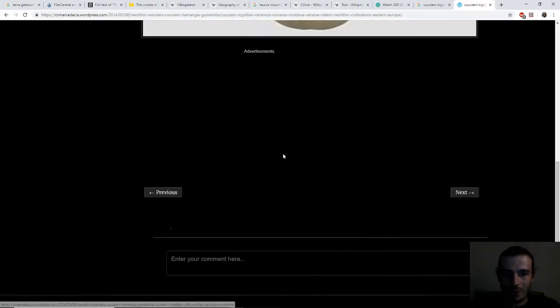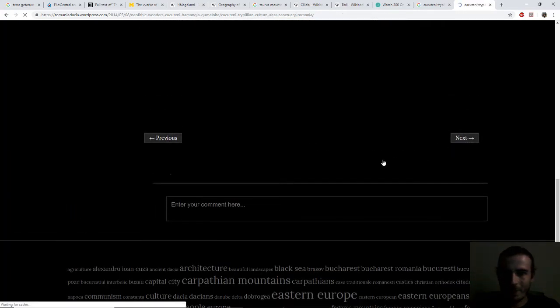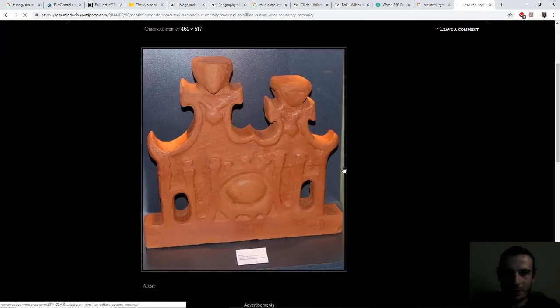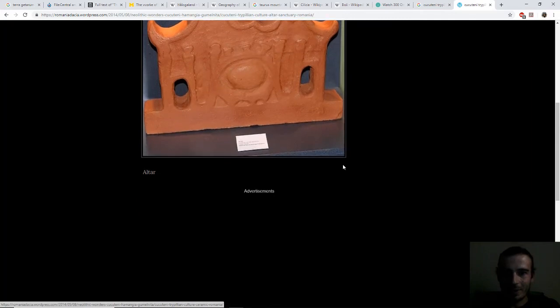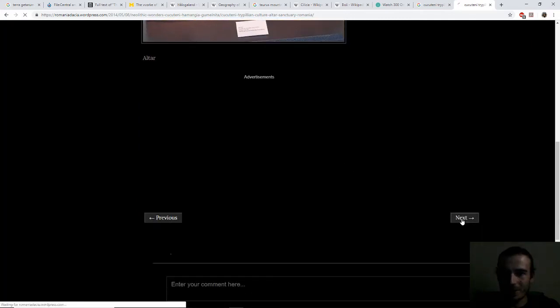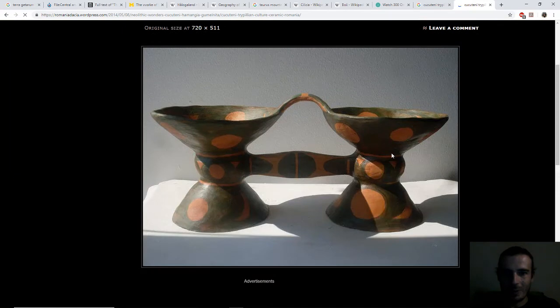The migration of the Pelasgians who came out of the ground in the central plains of Asia, supposedly, and went towards Europe.